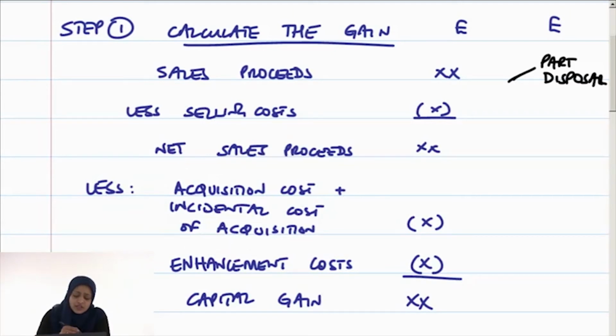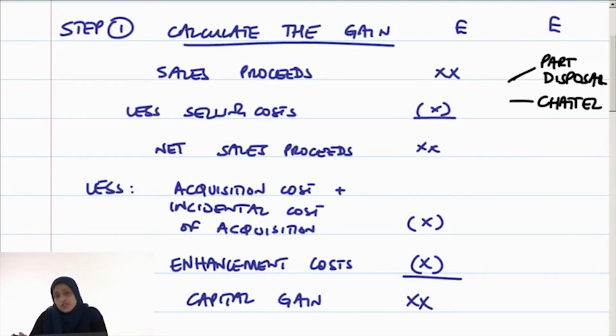The second variation we can have with step one is, of course, to do with chattels. With chattels, you can have wasting chattels or non-wasting chattels. Wasting chattels are exempt. Non-wasting chattels depend on their sales proceeds and their cost.